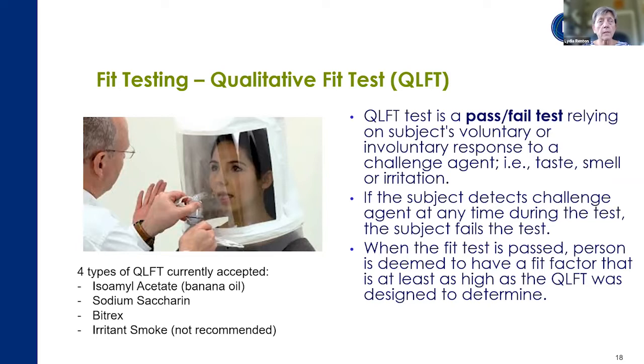In this example, the individual wears a hood and there's a nebulizer, and they introduce that into the breathing zone of the person. So the pass or the fail relies on that individual's voluntary or involuntary response, either, oh, that's sweet, or bitter, or coughing, based on taste, smell, or irritation. And if they detect this challenge agent, then they fail the test.